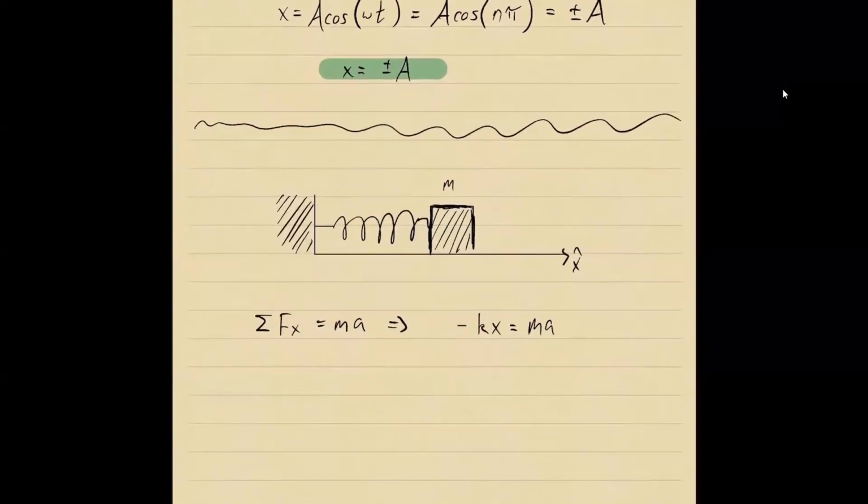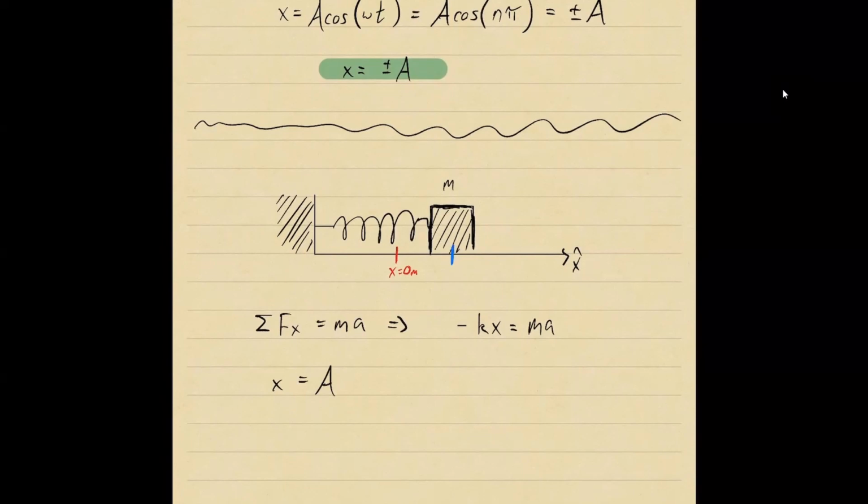But in the previous section, we learned that the displacement of an object that's undergoing simple harmonic motion is given by the amplitude of the motion, right? Like maybe this is the equilibrium position that the spring wants to be at, but we've pulled it out to here.